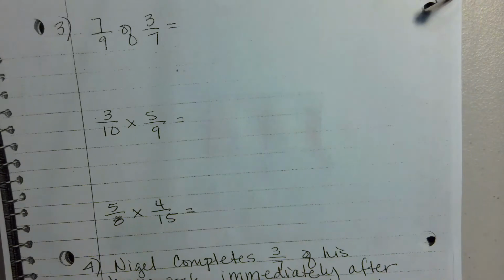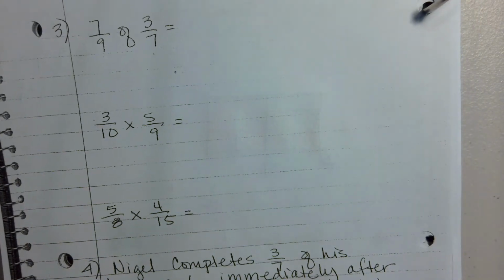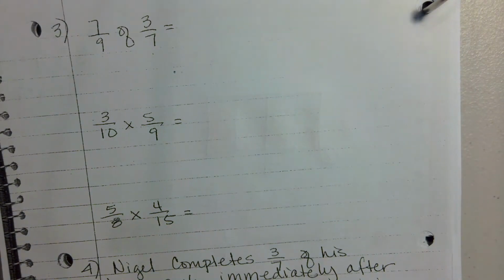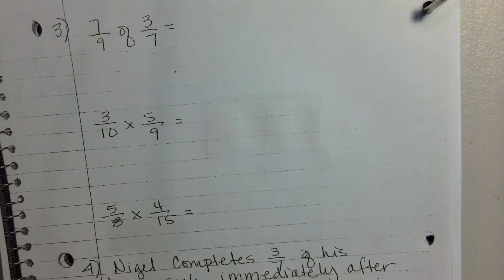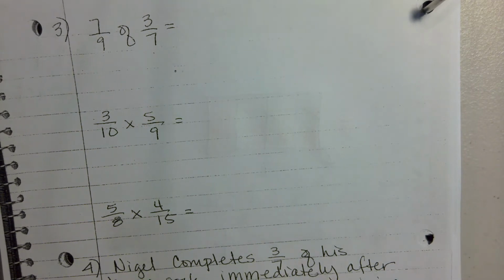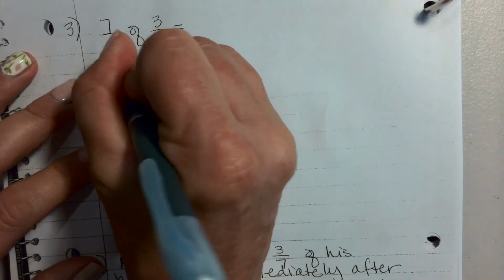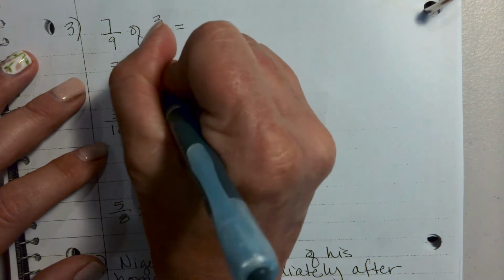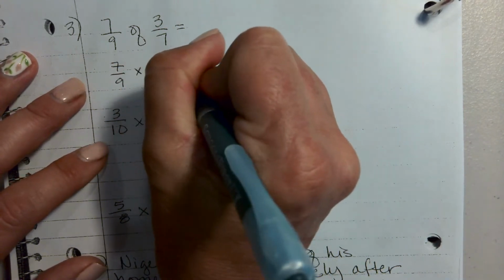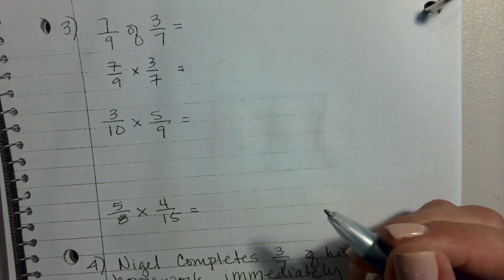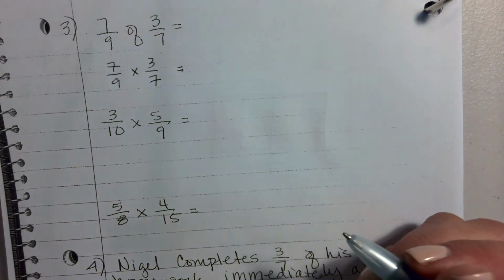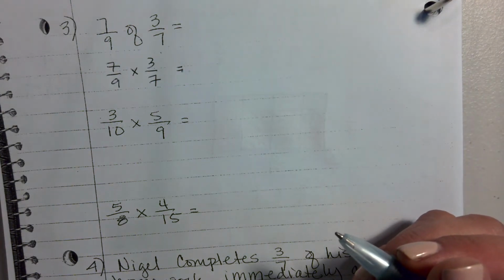So could the pattern that we noticed in the multiplication sentences help us though? Yeah, it can. So 7/9 of 3/7 is the same as 7/9 times 3/7, correct? We know that. All right, so our pattern lets us just multiply the numerators and denominators.